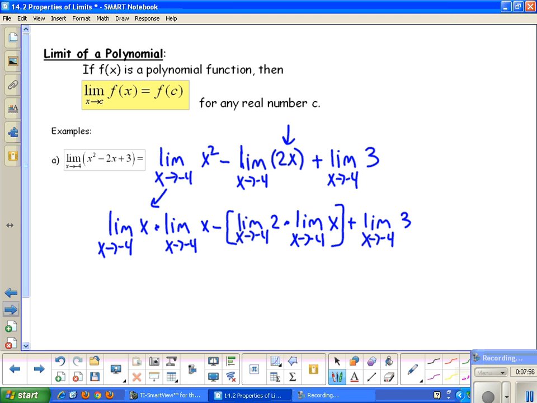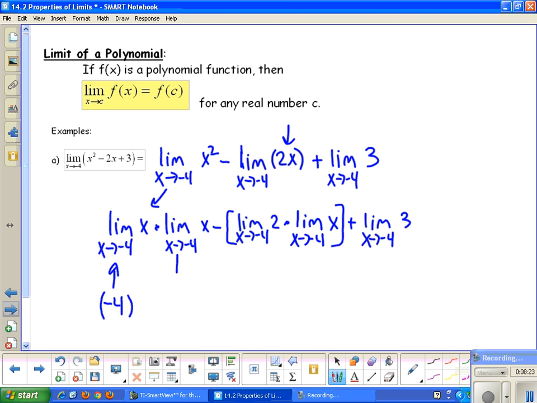Now, the reason why we split it up is because this allows us to use our properties of limits, the limit of a constant and the limit of x, to evaluate what this limit would be. So if I look at the first one, remember that the limit of x would just be that number. So right here, for this first one, the limit as x approaches -4 of x would be -4.